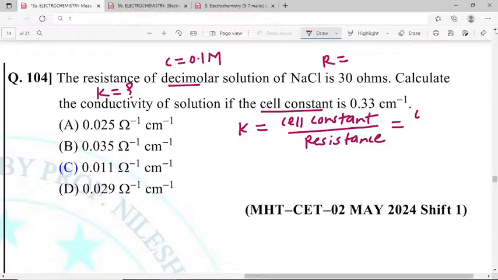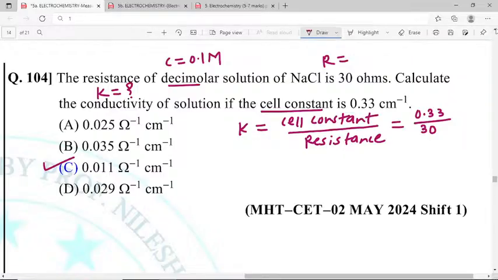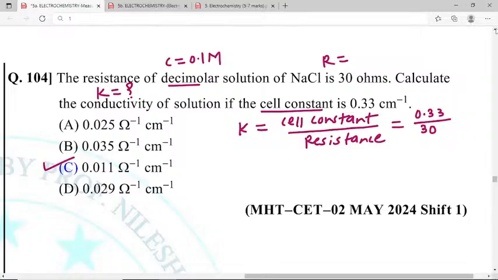What is the cell constant? 0.33 divided by the resistance, 30. So what is your answer? 0.011. Shift the point, we will get the answer.